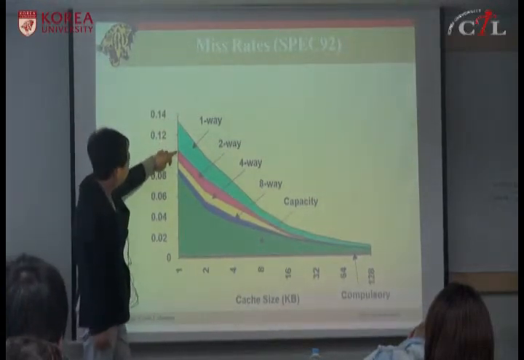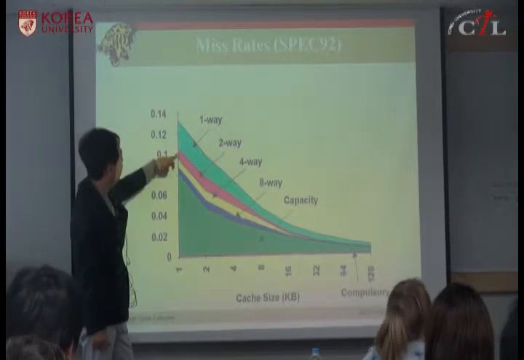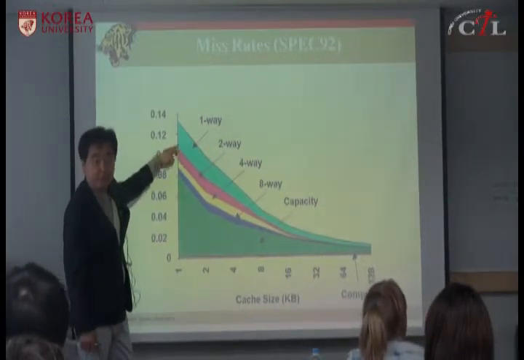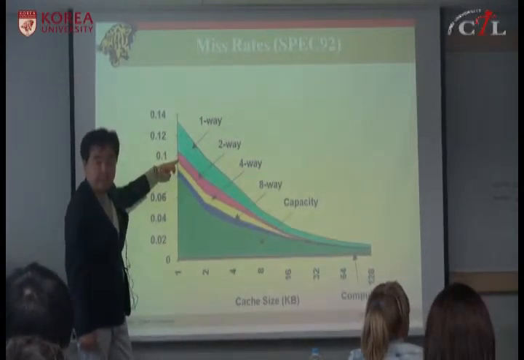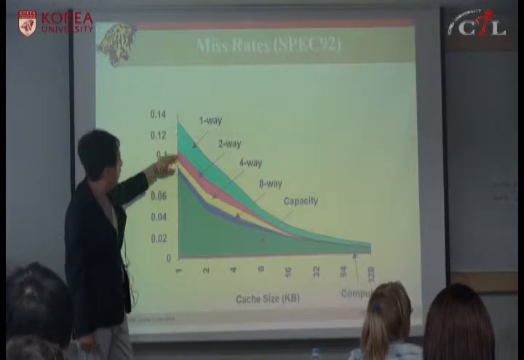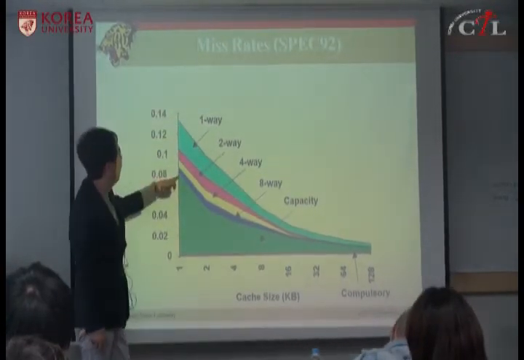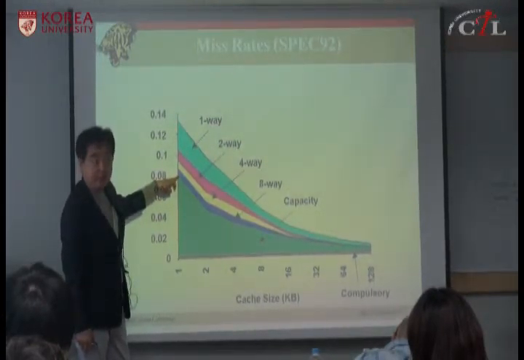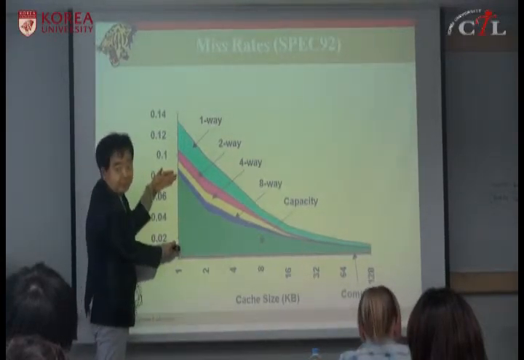If it's a two-way associative cache, you can reduce this miss rate to a little less than 11% because you can reduce conflict misses. With a four-way associative cache, you can reduce conflict misses this much. And this is the conflict miss. With a fully associative cache, you can reduce the miss rate by 8%. The rest you cannot reduce because this is the capacity miss.